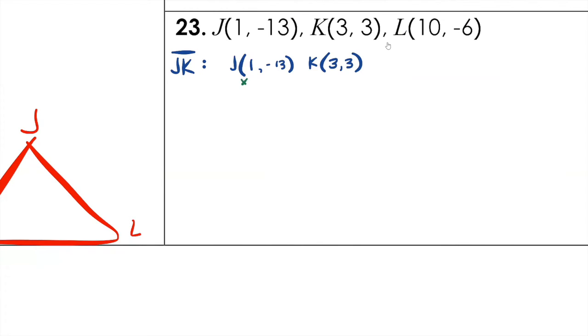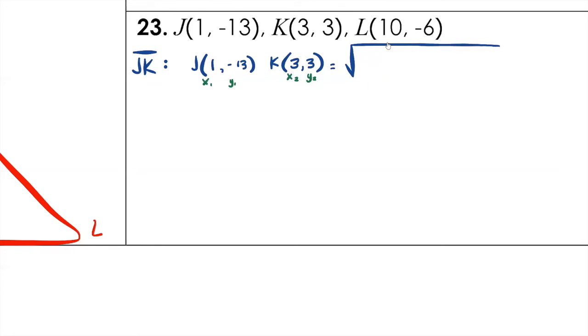So we got X1, Y1, X2, Y2. And that just keeps me from getting out of whack and getting all wonky. So now we can do our distance formula. Plug it in, plug it in.